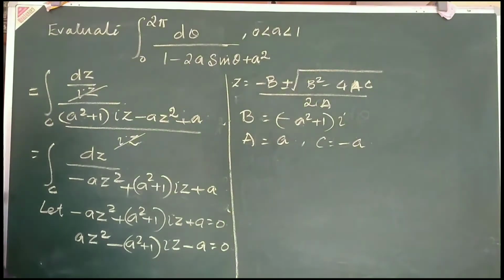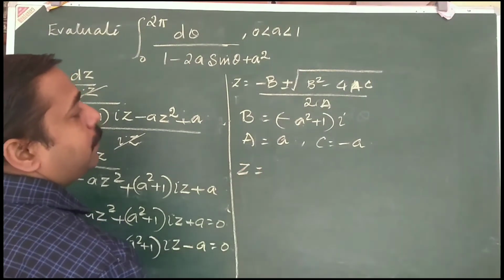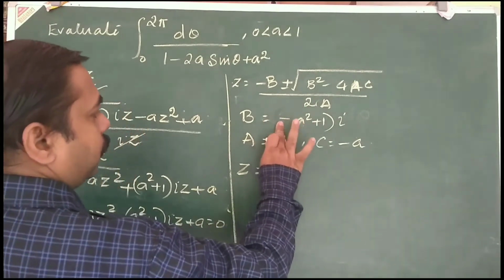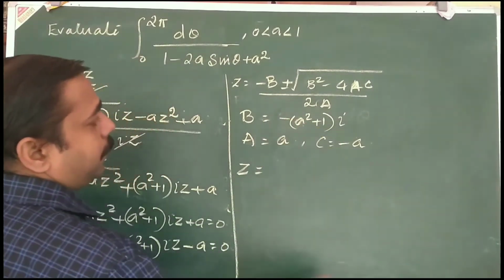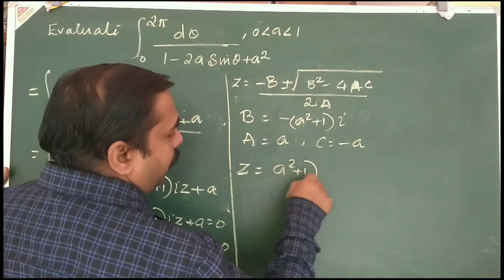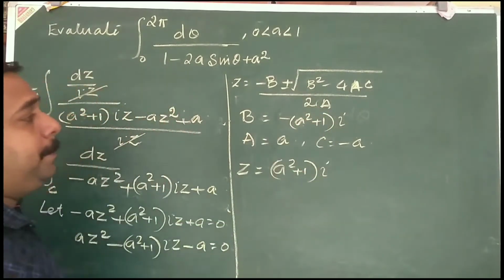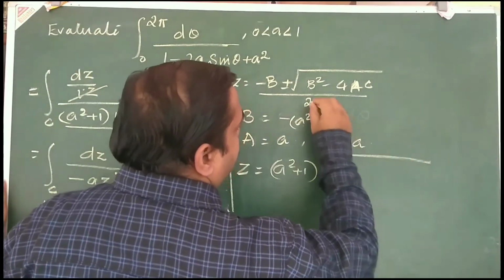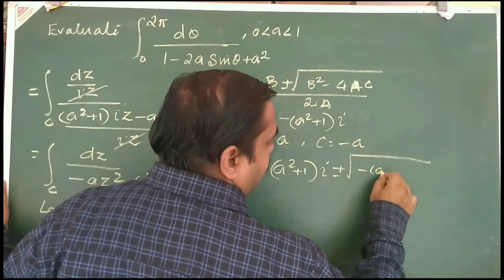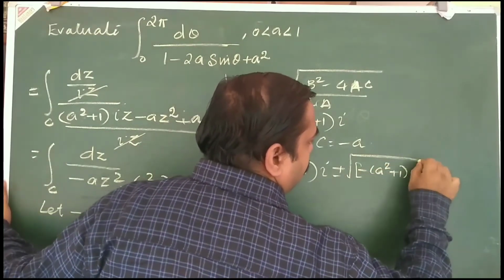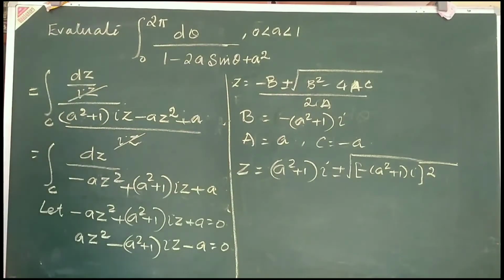Therefore z is equal to, so that is minus into minus plus, that is a square plus 1 into I plus or minus root of its square, that is minus a square plus 1 into I the whole square, that is b square, minus 4ac.